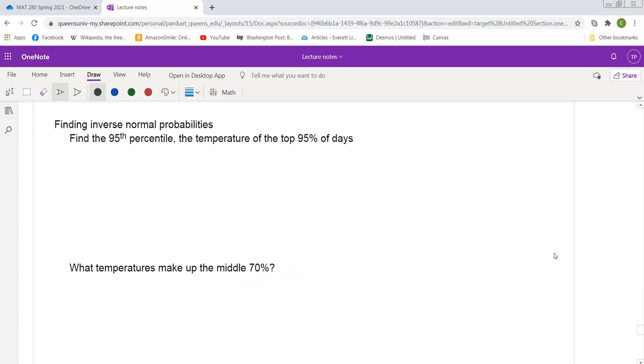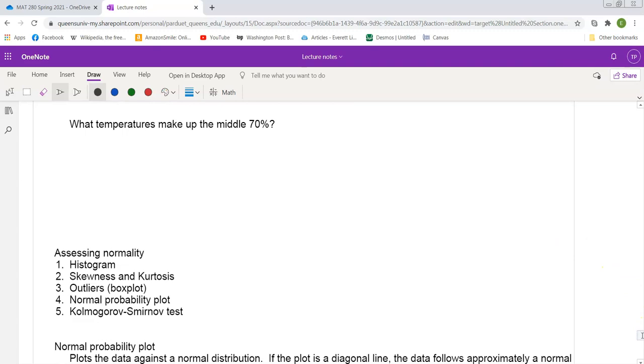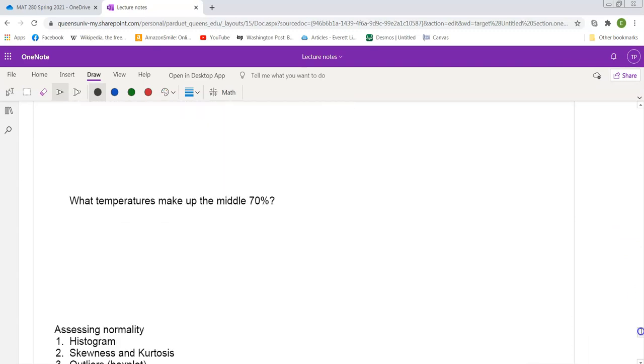This is going to be an inverse normal probability, because they're asking for the temperatures that go along with a certain probability. So in other words, they're asking for your two temperatures where 70% is in the middle.